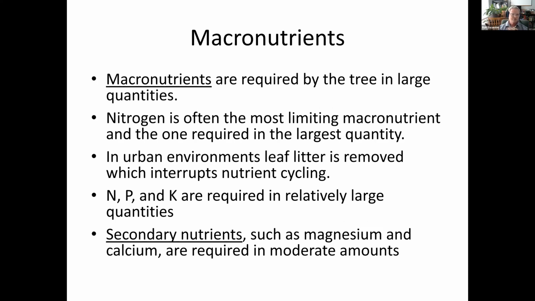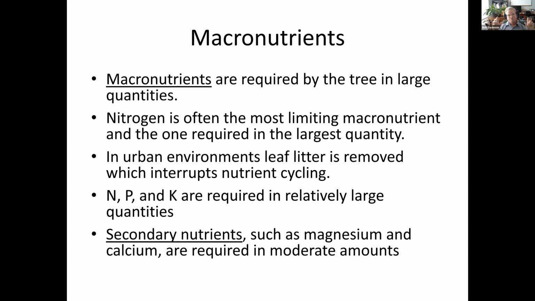Again, macronutrients are required by the tree in very large quantities. Nitrogen is often the most limiting macronutrient and the one required in the largest quantity. I like to think about it as the limiting factor. Remember, there's all this chemistry that we talk about in the biology section, this chemistry that goes on in the background to produce photosynthesis.